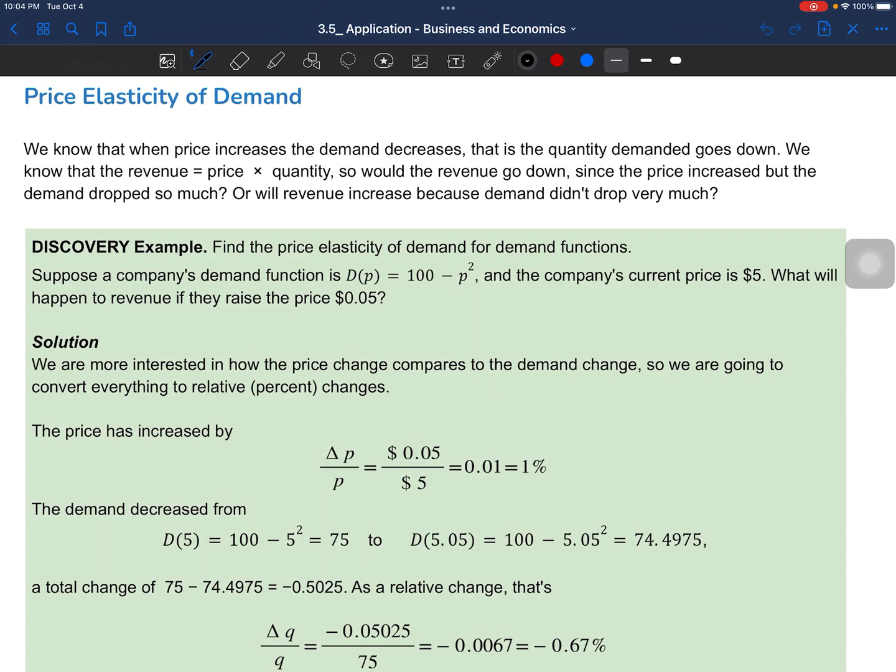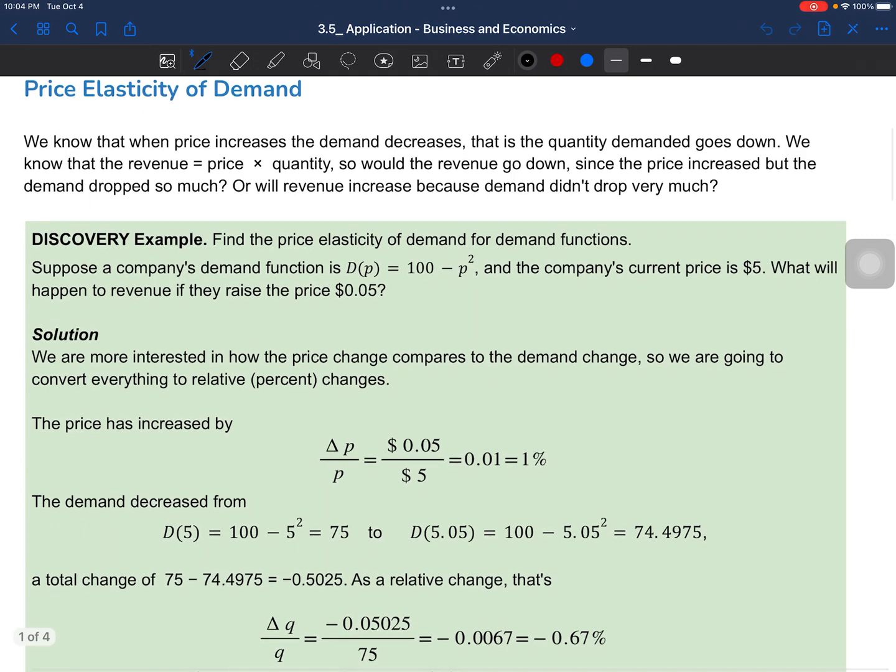We know that the revenue, by definition, is equal to the price times the quantity. So will the revenue go down, since the price increased but the demand drops so much, or will the revenue increase because demand didn't drop very much?